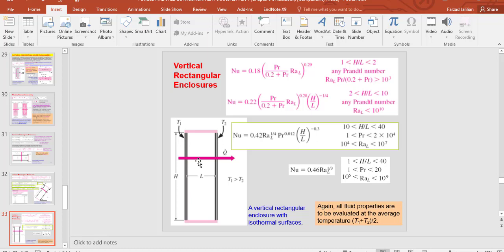So for a vertical rectangular enclosure, we can use these two equations with these conditions to find the Nusselt number. Always we should calculate the Rayleigh number. We should find the Prandtl number for the average temperature of T1 and T2. Then we can use this equation or this one according to the geometry of the enclosure.